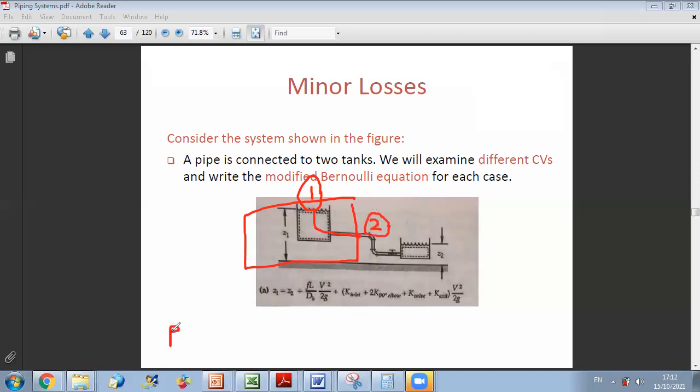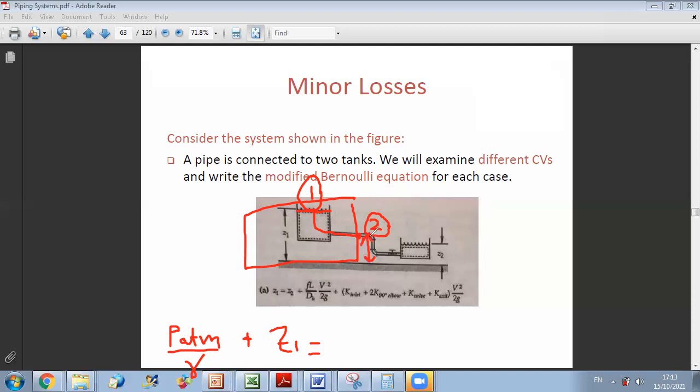We have the pressure at 1, which is P atmospheric, over gamma. Now we said that the velocity here is negligible because the section at the reservoir is much larger than the section in the duct. So we have plus Z1 equals, now I have to know what this elevation is here.